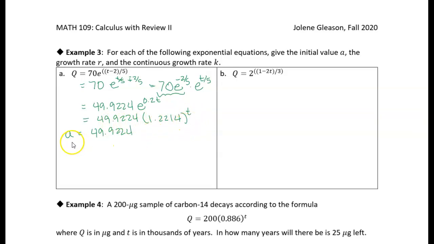That means the growth factor is 1.2214, which makes the growth rate r equal to 1.2214 minus 1. And so the r value is 0.2214. And then finally we're asked for the k, which we can get from our equation, and k is 0.2.